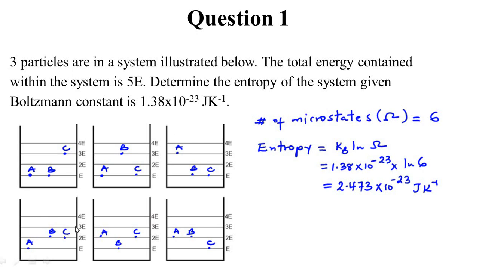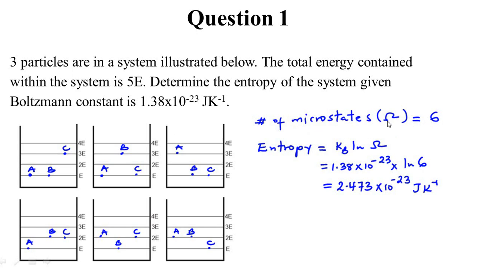Then we can alternate the positions so that we have A at 2E, C at 2E, but B at the E level. Then finally we have A and B at 2E, then C at E. There is no other possible state that this system can occupy to have a total energy of 5E. So this simply means that we have 1, 2, 3, 4, 5, 6 microstates. So the number of microstates here is actually 6.